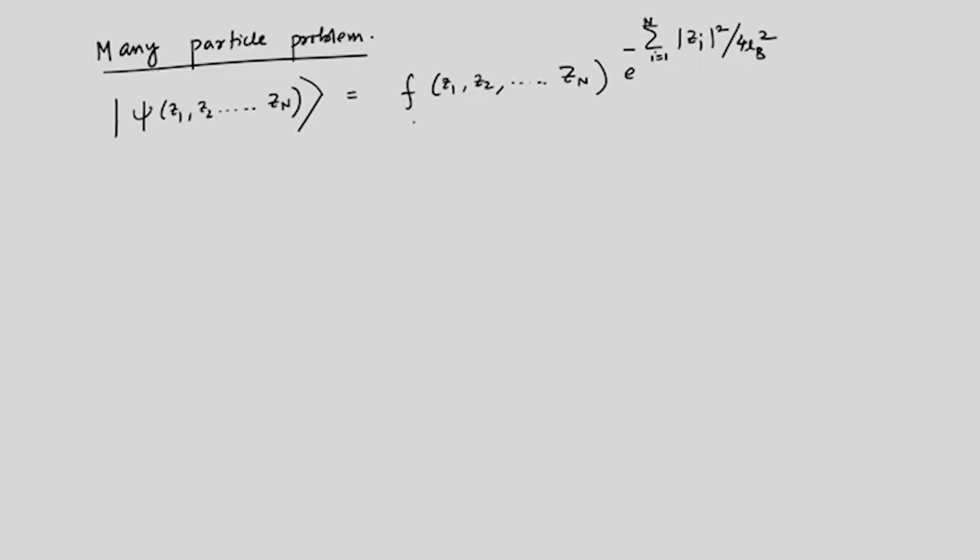Where we had this (z1 plus z2) to the power capital M and (z1 minus z2) to the power small m, we now have a function of all these coordinates which has to take care of a few things, one of them being the Pauli exclusion principle. That is, if z1 and z2 are the same, then this factor will have to go to 0, which means that if there are two particles at the same coordinate in this complex plane, then of course it has to go to 0.